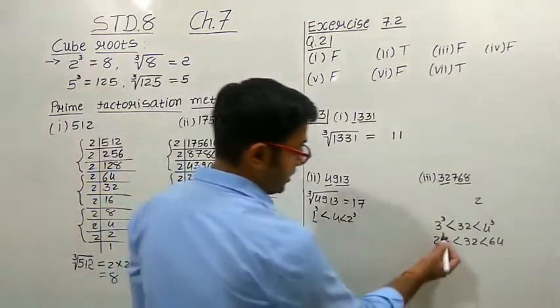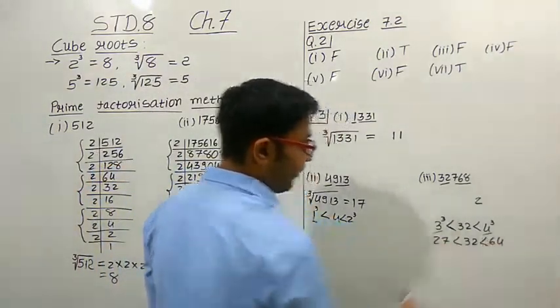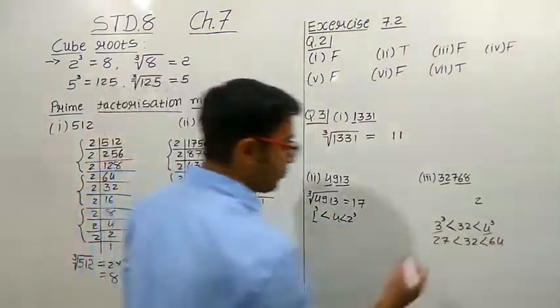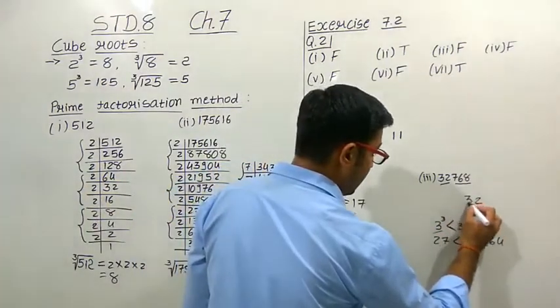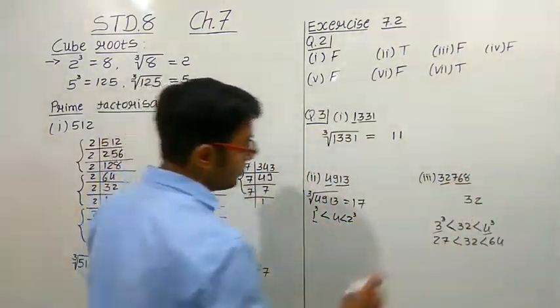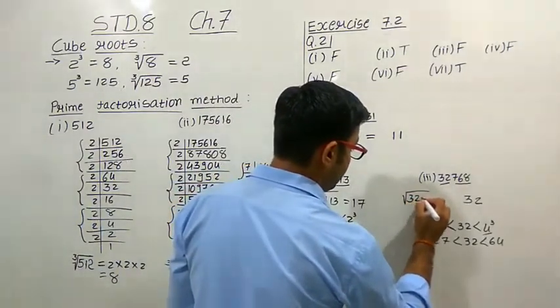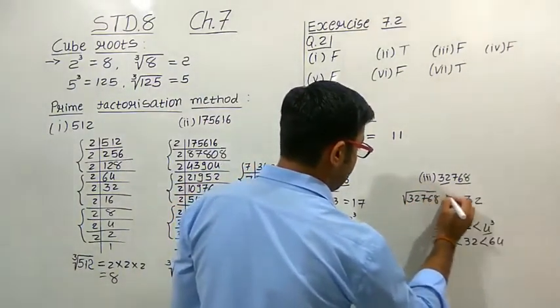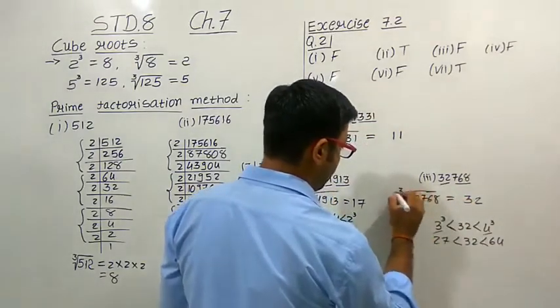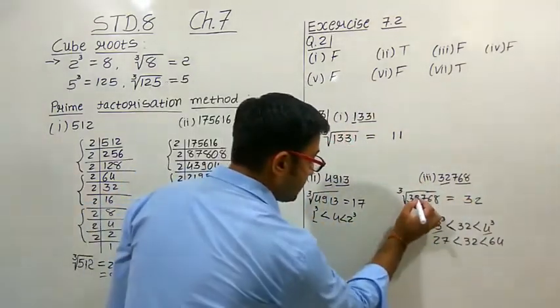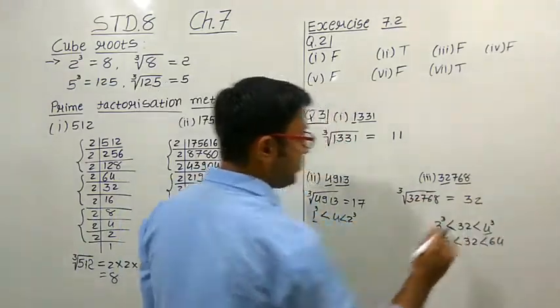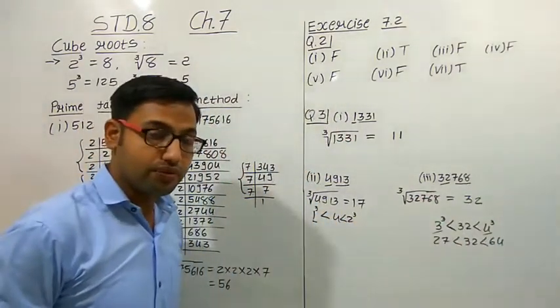Now the smaller digit out of 3 and 4 is 3. So the tens place digit here is 3. So we can say that the cube root of 32768 is equal to 32. This is the cube root we found by the estimation method.